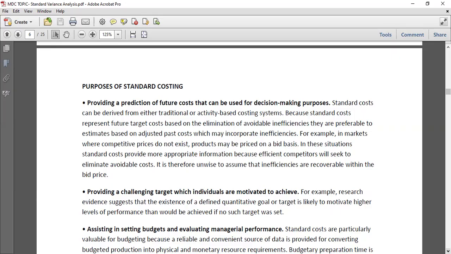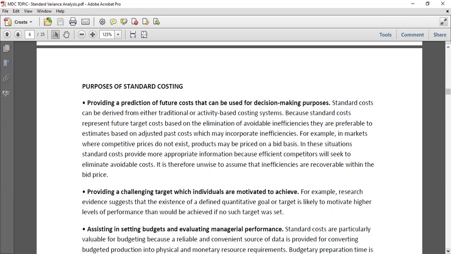And then we have the purposes of standard costing. Why do we do standard costing in general? Standard costing helps us predict future costs that can be used for decision making.